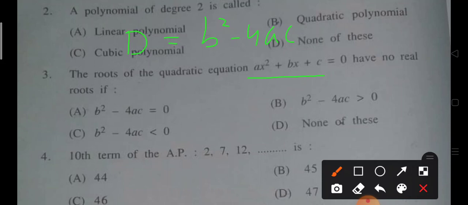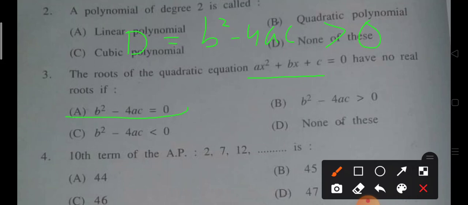And in case of real solutions, we have two cases, real and coincident, that is real and equal, and real and distinct. So if discriminant is greater than 0, then we have real solutions, and if discriminant is less than 0, we have non-real solutions, or we will say that it has no real roots. Roots, solutions, zeros mean one and the same thing. So you must not be confused when these words are used interchangeably.